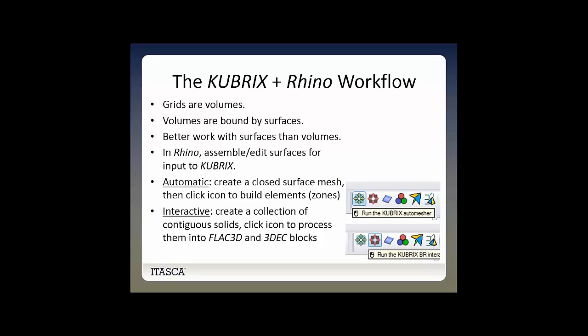So in general, in our workflow, the reason why we would like to use an automatic mesh generator or an interactive grid generator with Rhino is because, first of all, grids, which is the part we are interested in, are volumes in general. For our purposes, volumes are bound by surfaces, so it's easier to work with surfaces than volumes.